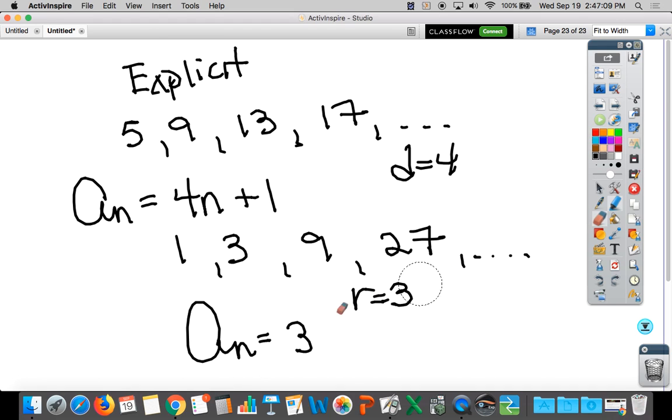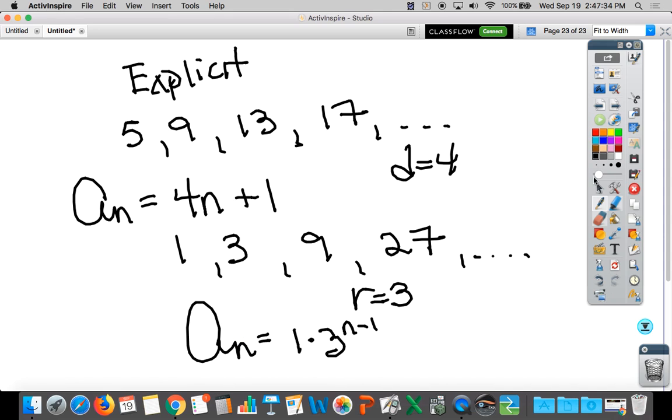Hold on. Go back and look at your formula. Pull out your formula sheet if you want the geometric. It's on your formula sheet. It's a times your r raised to the n minus 1, so 3 to the n minus 1. Make sure you have your formula sheet. That would be an explicit.